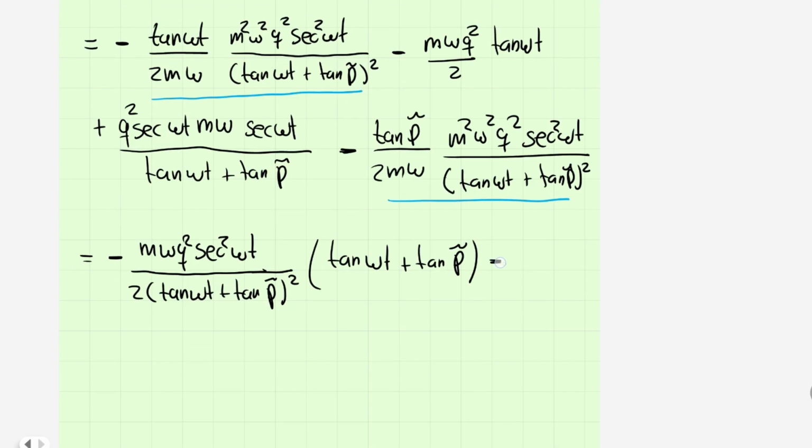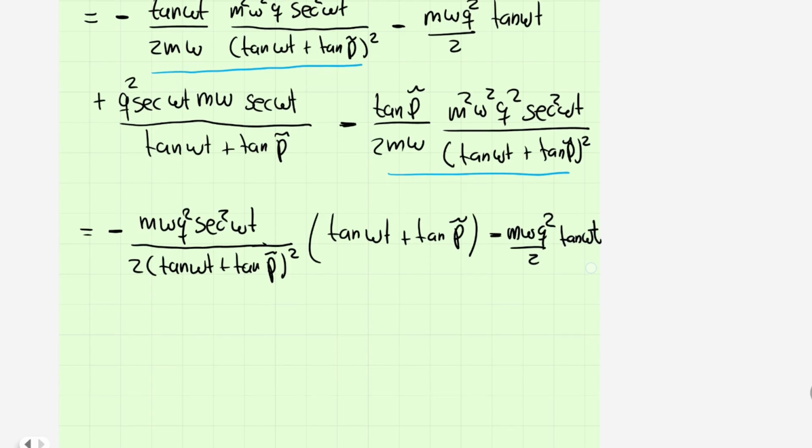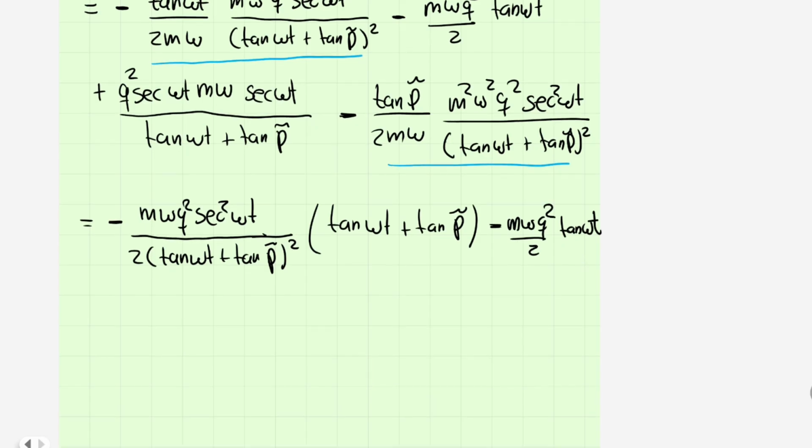and then minus m omega q squared divided by 2 tangent omega t, and then, well, we have this expression over here, but we are going to multiply on the numerator and the denominator by this element to get this tangent plus tangent squared, and then 2 here and here.